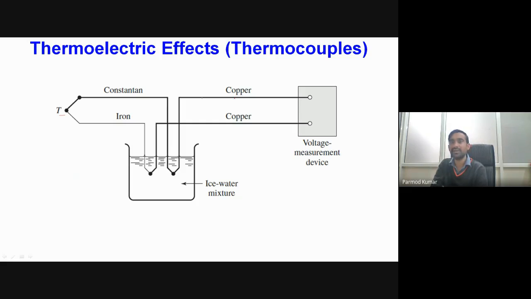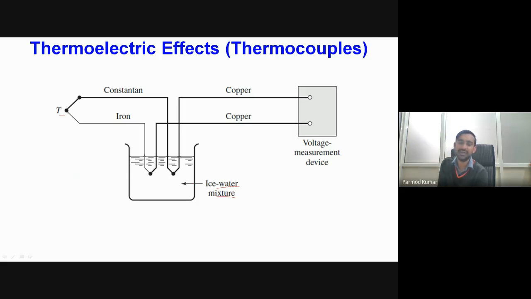Now we measure the value of EMF across the two ends of this copper wire. So you can see we have a junction between the constantan and iron wires, and the other ends of both wires are made into junctions that are dipped inside an ice water mixture.